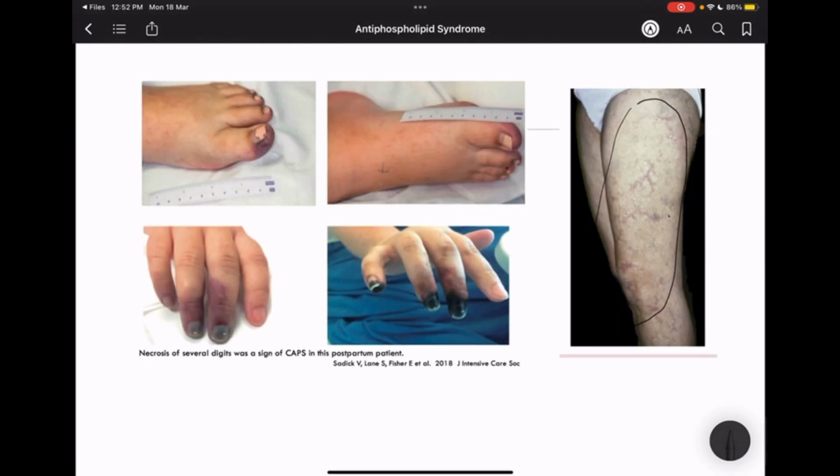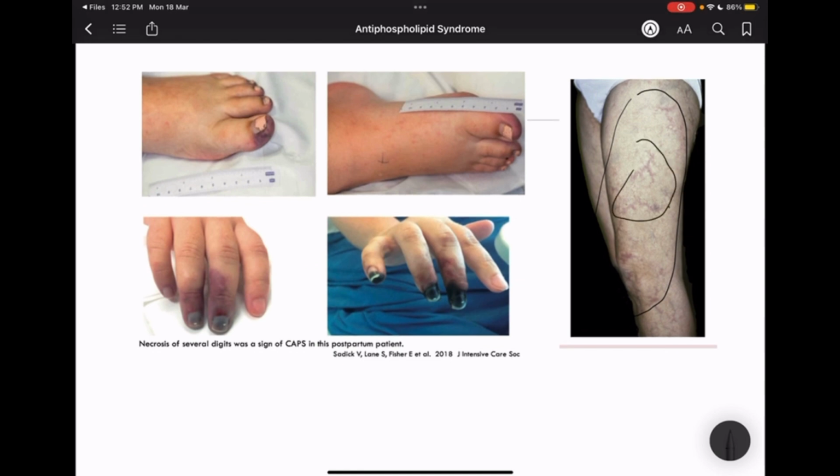We have purplish discoloration of the skin, and the cause of this discoloration is swelling of the venules due to obstruction of the capillaries by thrombi. Let's say that we have a capillary here, and venules here.